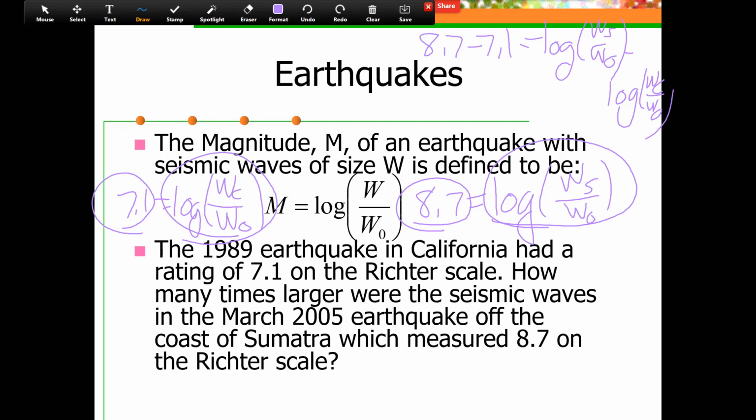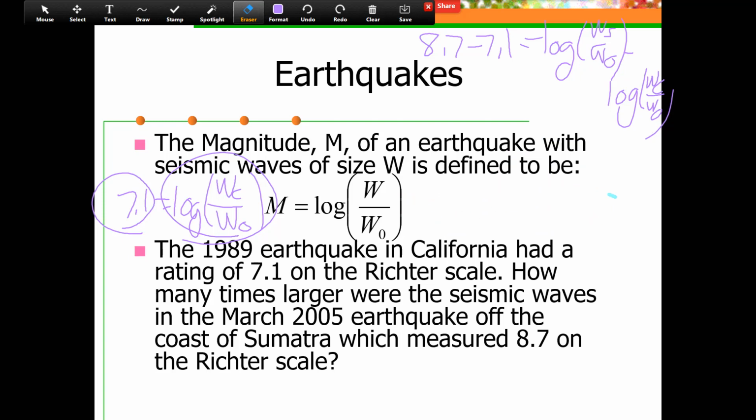Now, when we subtract the logs, if you remember, we can go ahead and condense those. I'm going to erase this so I have a little more room on this side. When we condense them, they turn into division.